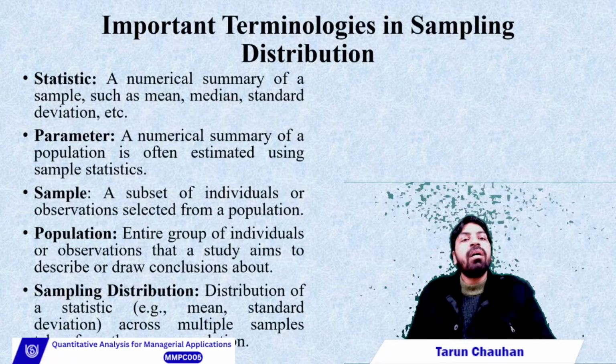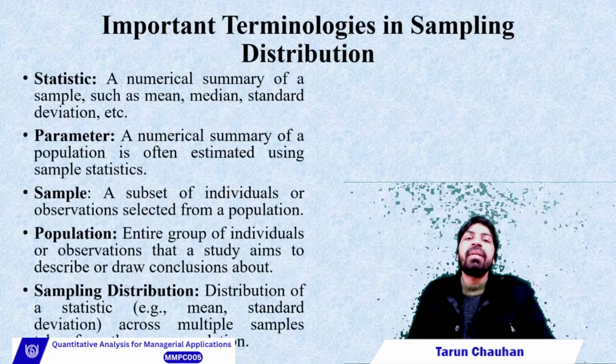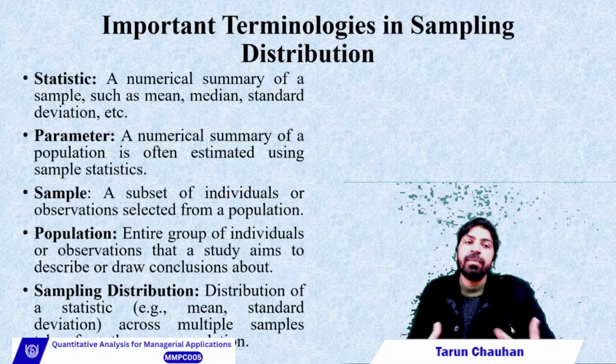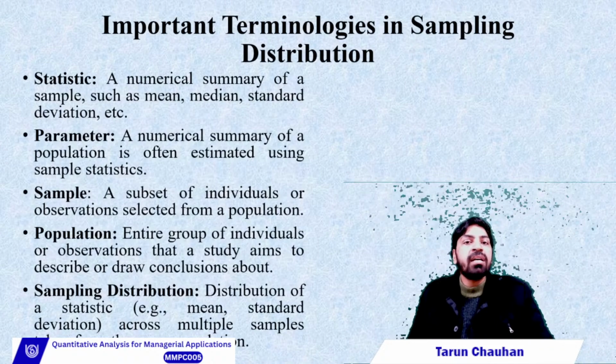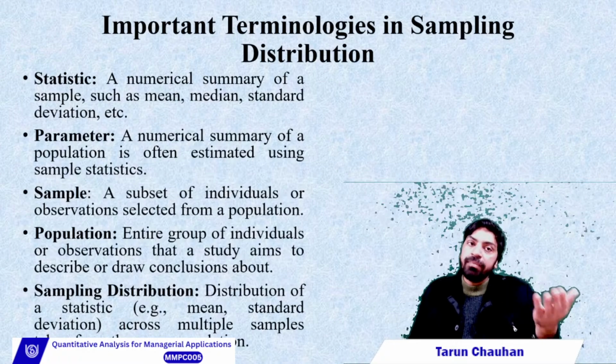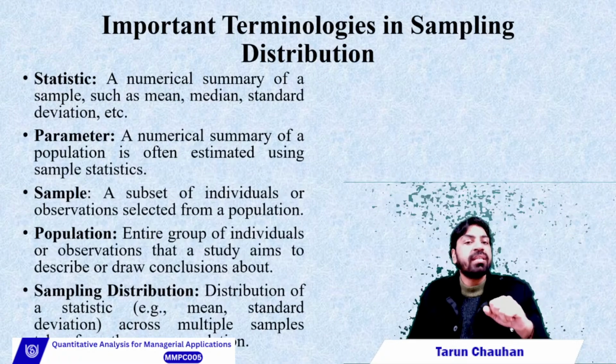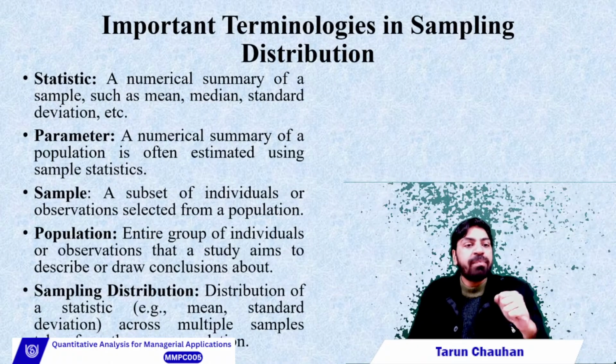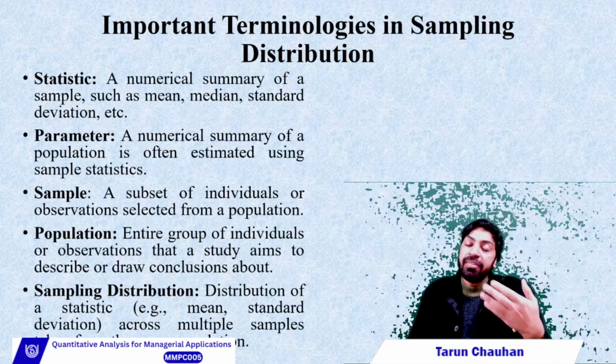These are the important terminologies in sampling distribution. What is a statistic? It is a numerical summary or descriptive statistic of the data of a sample, such as the mean, median, standard deviation, etc. Parameter, sample, and population I already explained.